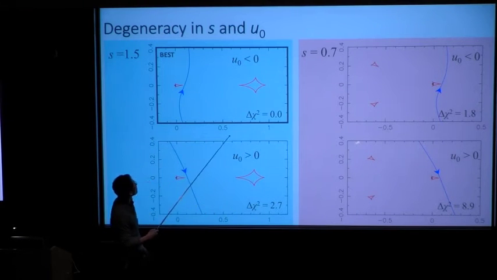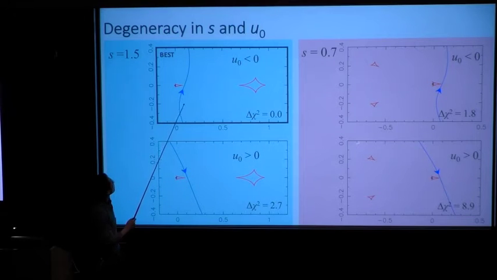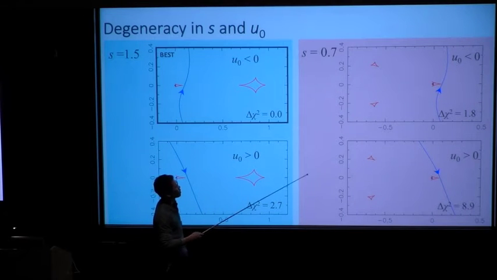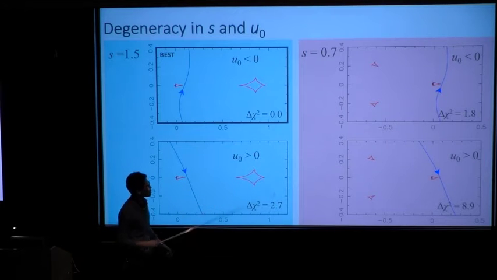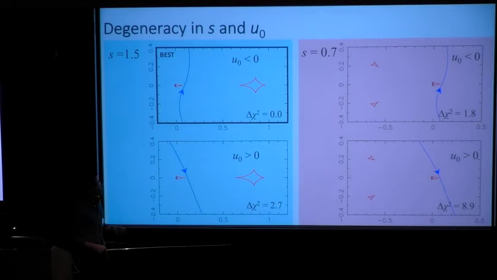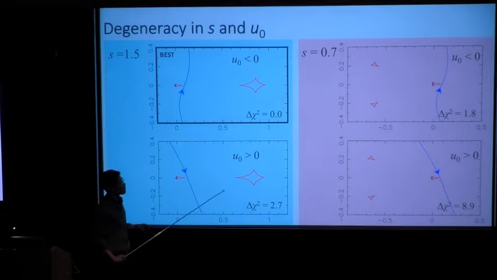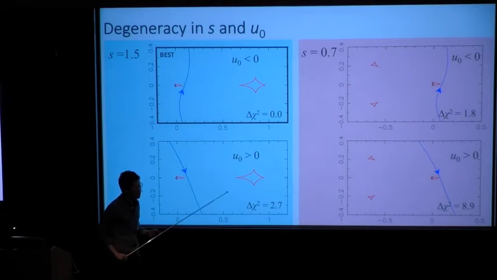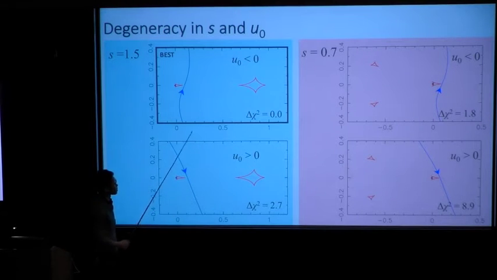The best fit model is the top left one, so wide solution and u0 negative. And the second best one is a close model with a negative u0, and these are very competitive because the delta chi-square is just 1.8. So maybe I need to combine all the solutions, but in this presentation, I'll just use this solution.